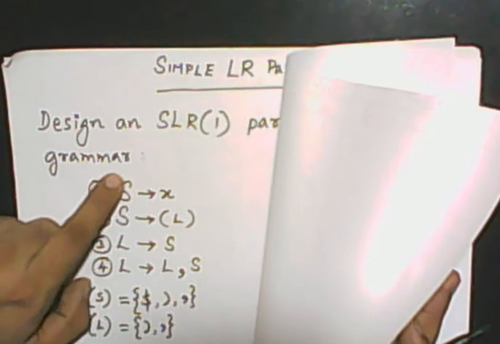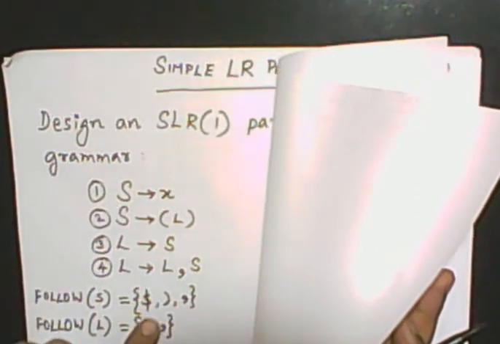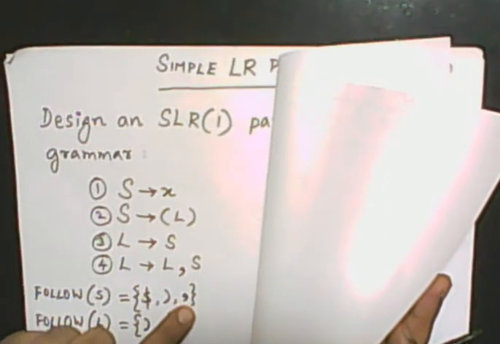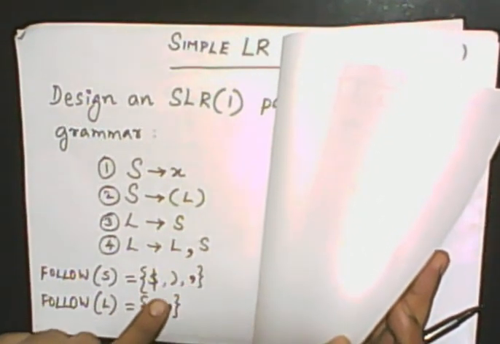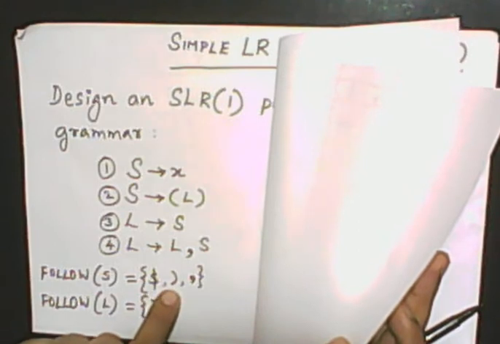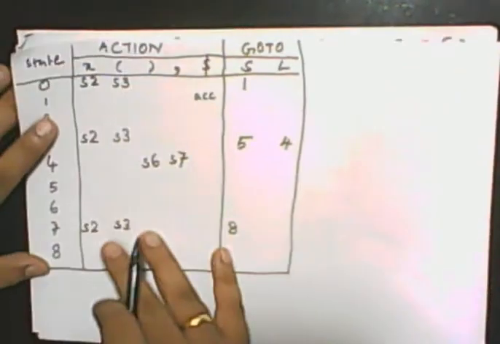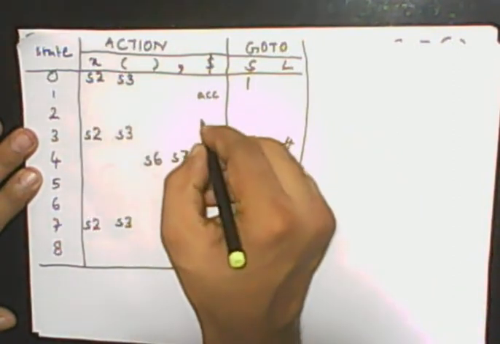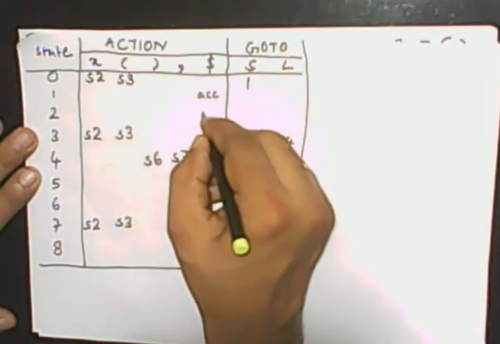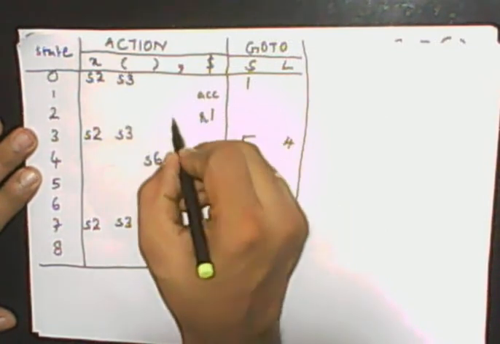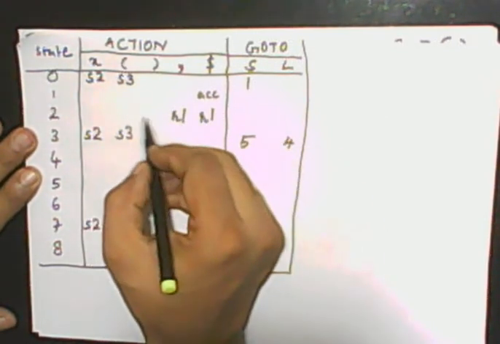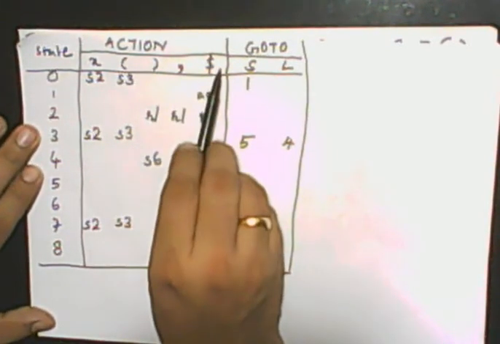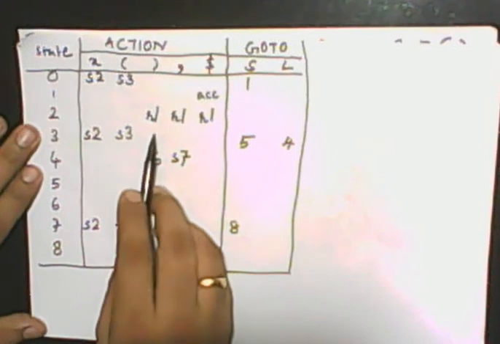You will see the follow of this non-terminal, which is these three: dollar, right parenthesis and comma. So R1 will be added only under dollar, right parenthesis and comma in the parsing table. So R1 will be there only for these three terminal symbols which are in the follow of S.